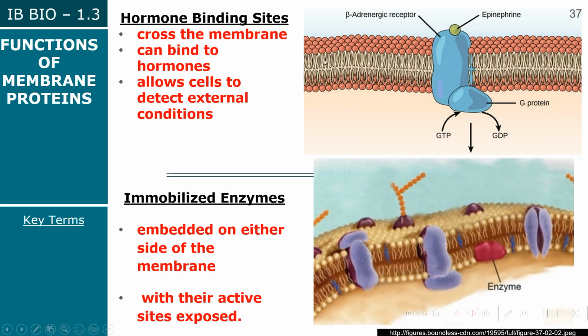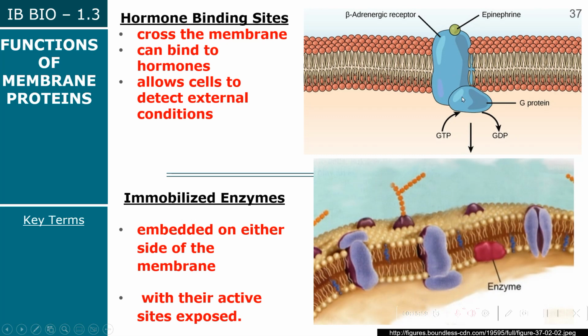So the function of membrane proteins, right? These are things that you have encountered across the course, so you could probably just even talk about specific examples. Some of the membrane proteins that we have encountered are receptors, right?